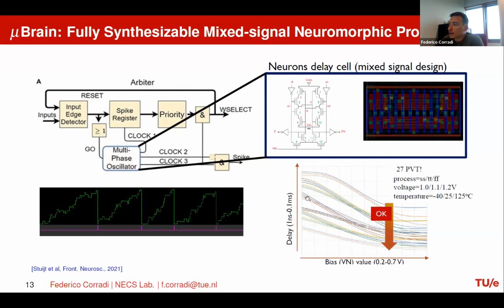We saw that there is a bias voltage value of this node Vn that enables us to always be in the right region of delays, so that the spikes are spaced enough for the neuron to perform the operation before it gets the next one. And so we designed the cell.